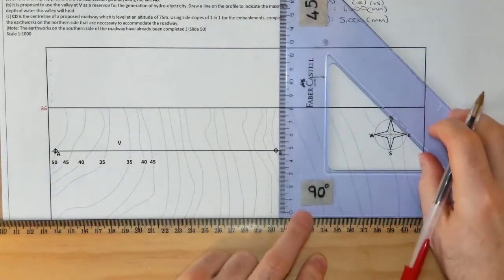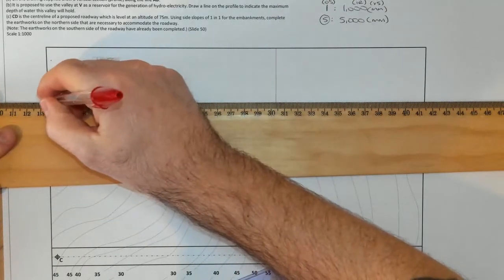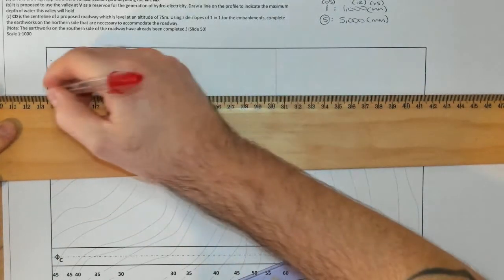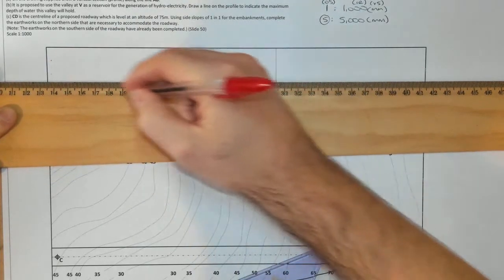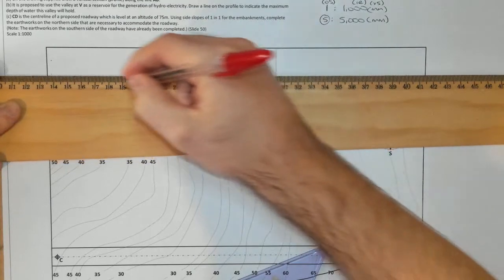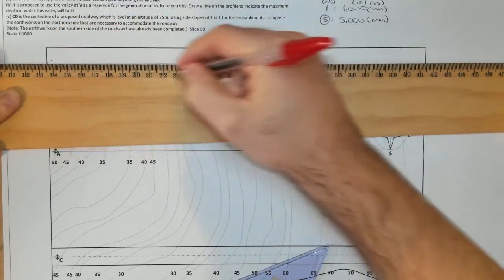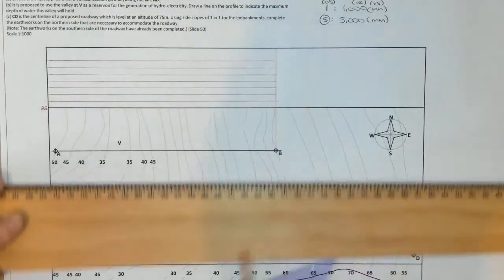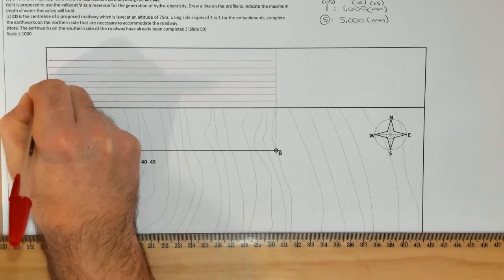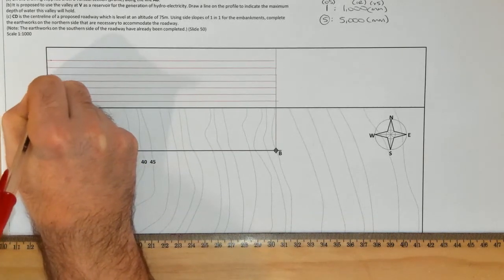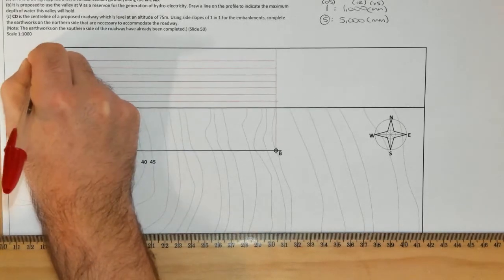So at B here, check the line up, that's the distance I have to go. Okay, so there we have it. Now I'll write in my heights. So 30, 35, 40, 45, 50, 55, and 60.